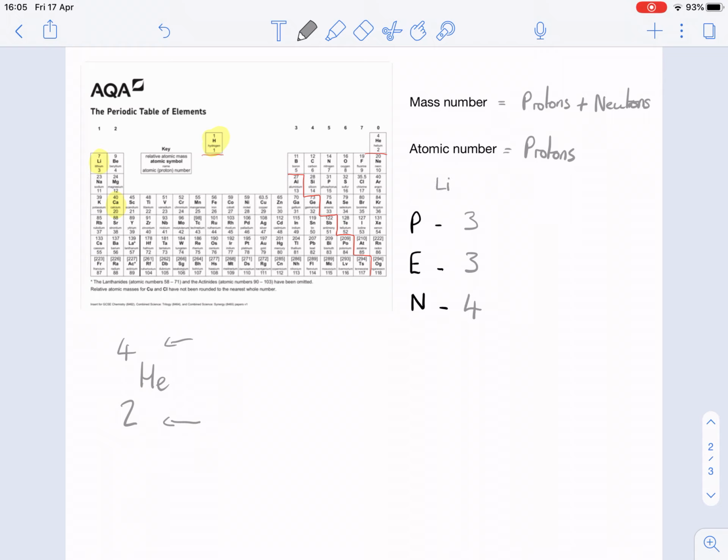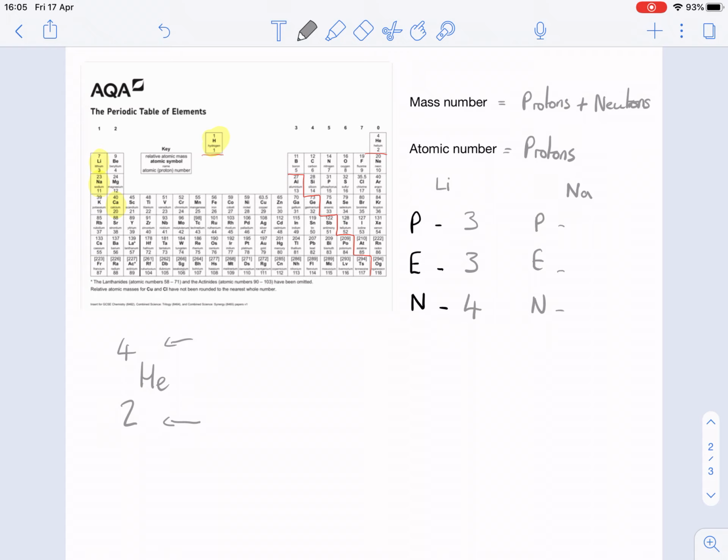And just do one more for you, just to make that nice and clear. So sodium we will use, okay, so again I'll highlight that for you. So sodium is just here over in group 1. And if we go through that once more, so we've put our pen down. And the same rules apply, exactly the same as previous.